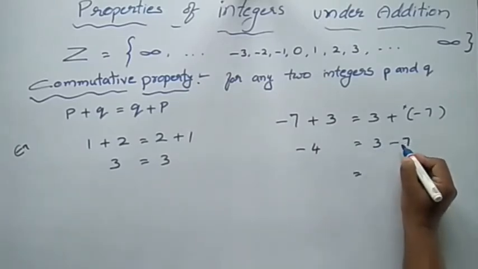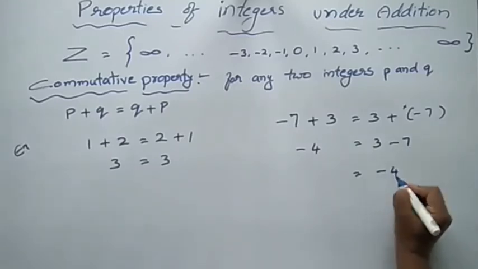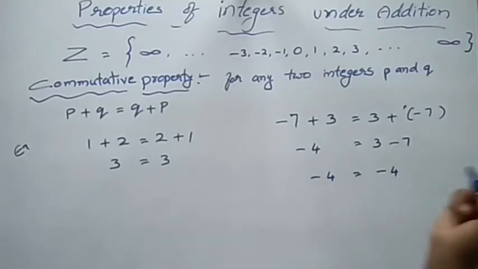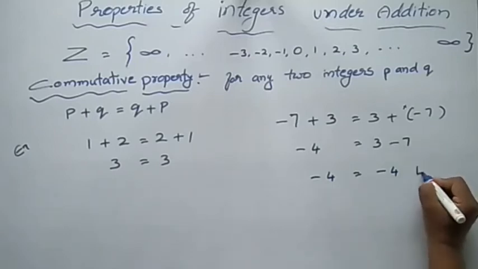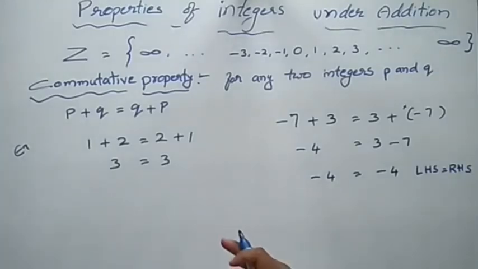So 3 minus 7 is minus 4. So see, LHS equals RHS. By this we can understand that if we change the order also, we are getting the same result in LHS and RHS. This property is known as the commutative property under addition.